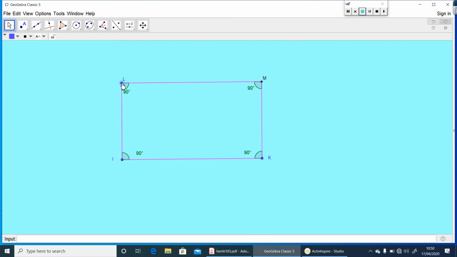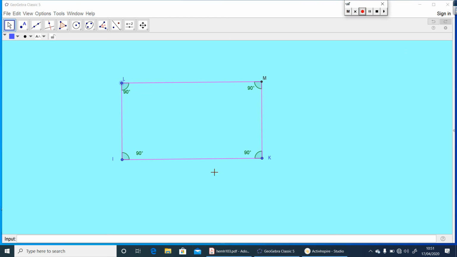Now here you see all angles are equal. Now look at the figure IKML. This quadrilateral is very familiar to you. Yes, this is a rectangle. So you can say a rectangle is also a parallelogram.